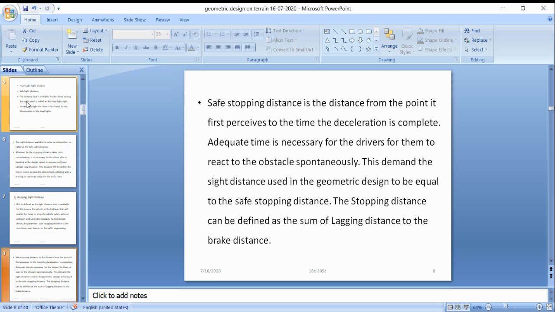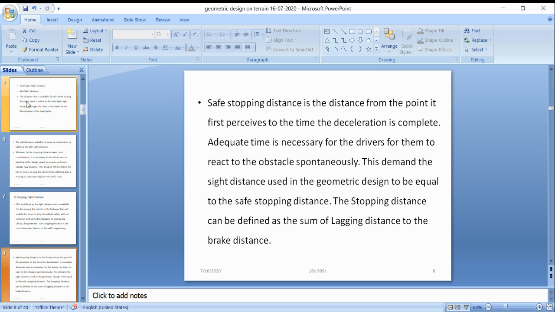It is the distance from the point where the driver first perceives the obstacle to the time the deceleration is complete. He will get a signal, and then he should stop like that.